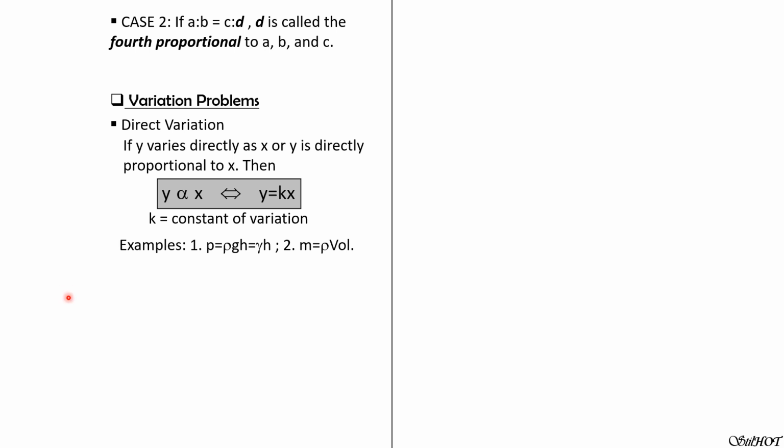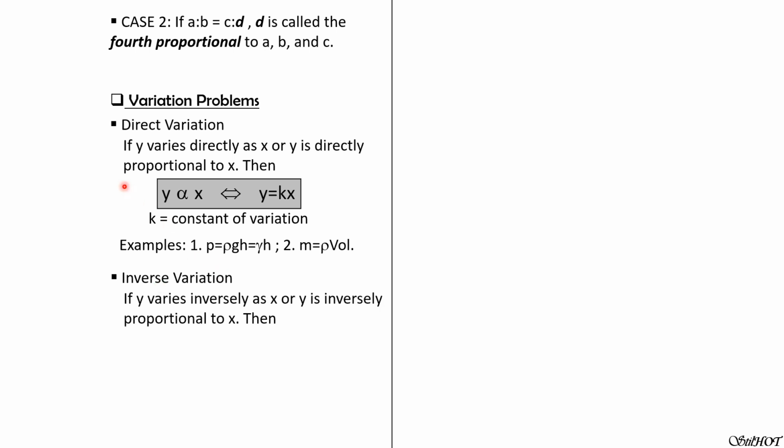Inverse variation, when you encounter statements if y varies inversely as x or y is inversely proportional to x, then y is, this is the symbol, proportional to the reciprocal of x, 1 over x. Then we transform that into an equation, y equals constant of variation over x. An example of this would be the equation of hyperbola with axis rotated, xy equals constant.